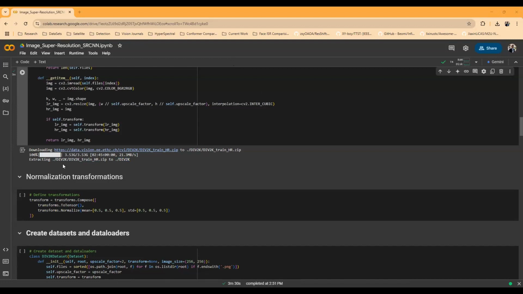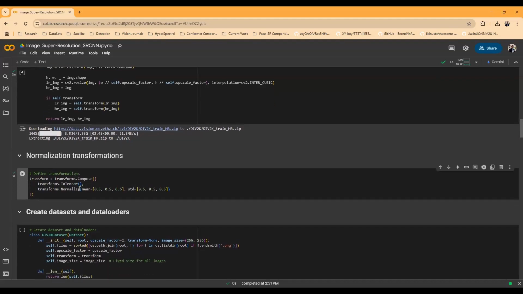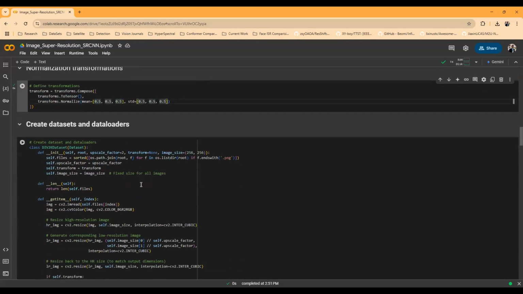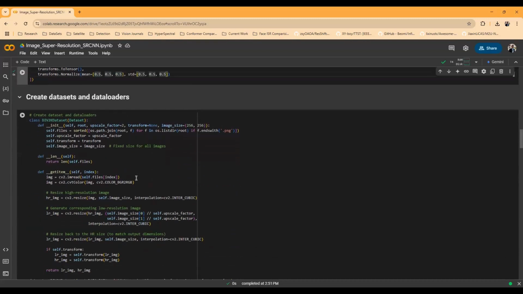Now we are done with extracting the dataset images into a div2k folder, and we are defining a simple transformation that is supposed to normalize the images when feeding into the model. We can also skip this part, or choose different means and standard deviations. That is simply dependent on the implementation.